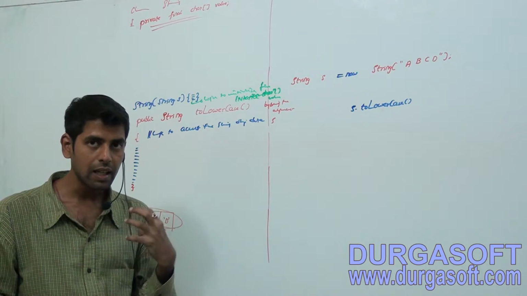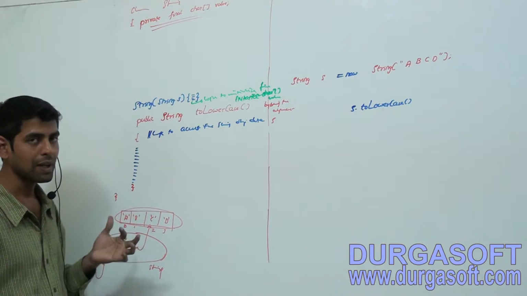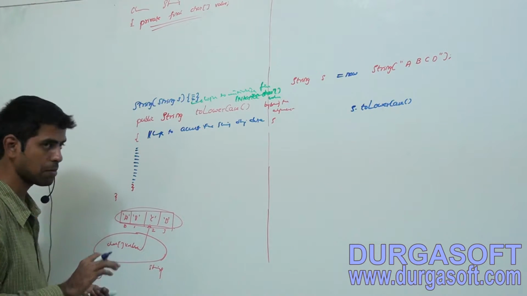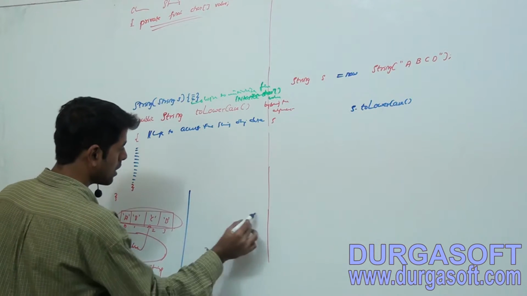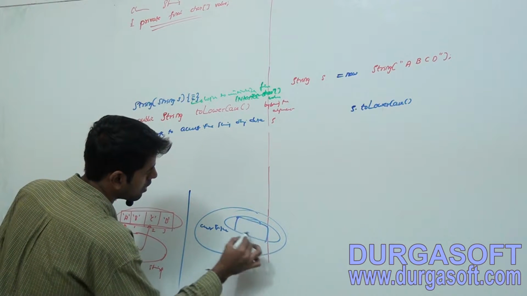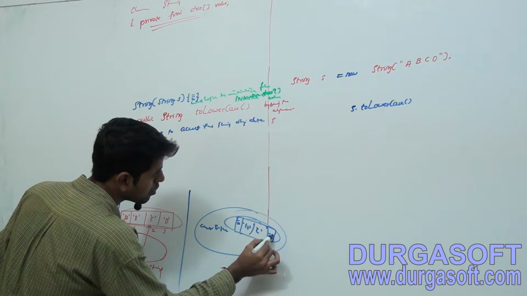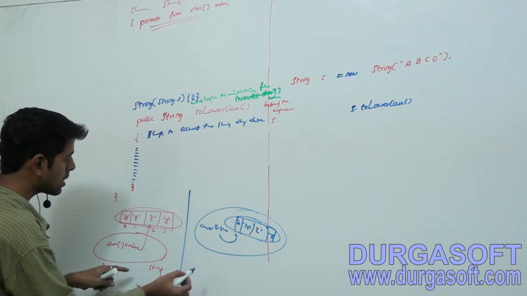It will take the data from the string object. What is the data within the string object? Please friends observe here, string object, char array value. What is the difference between these two representations? Both are the same, friends.